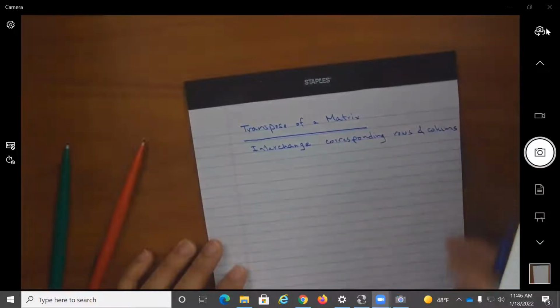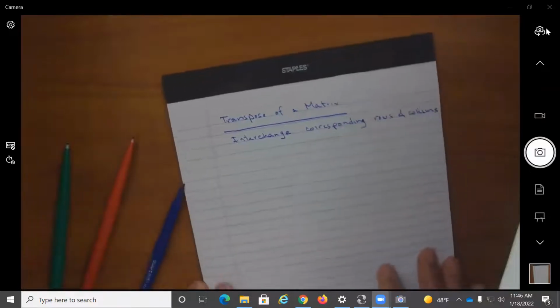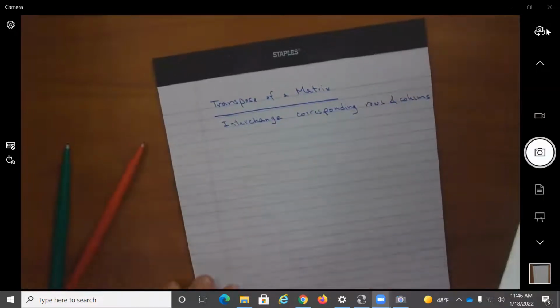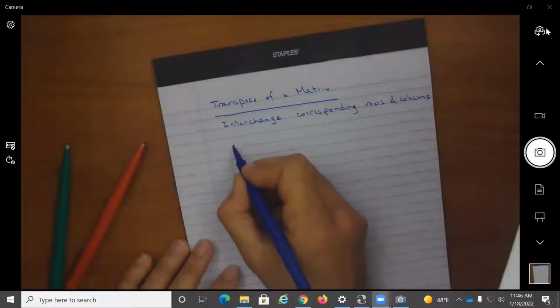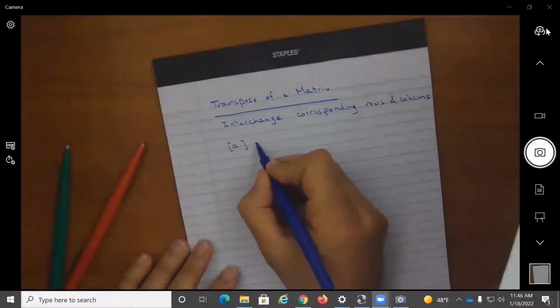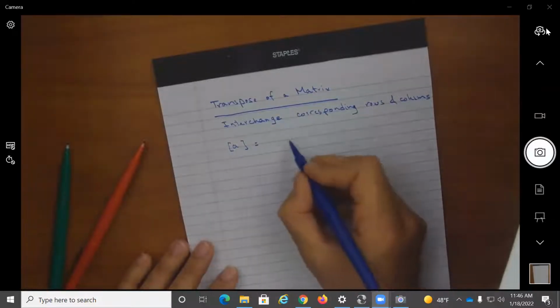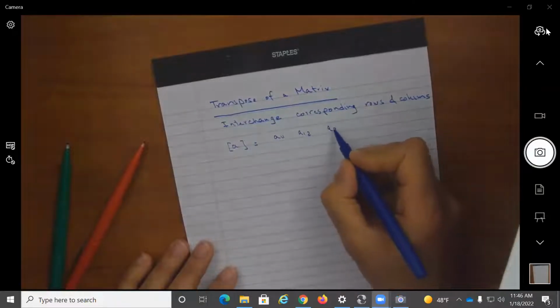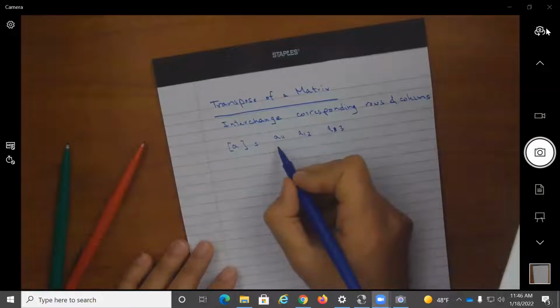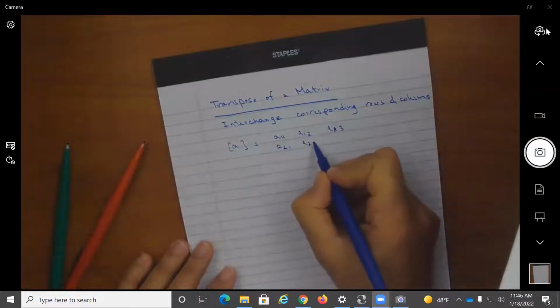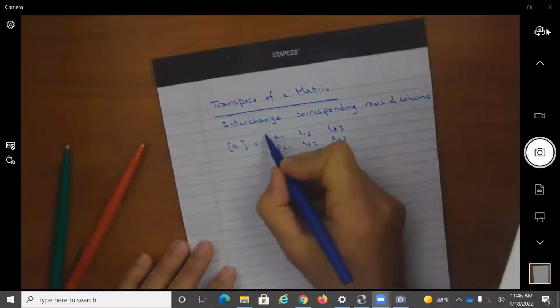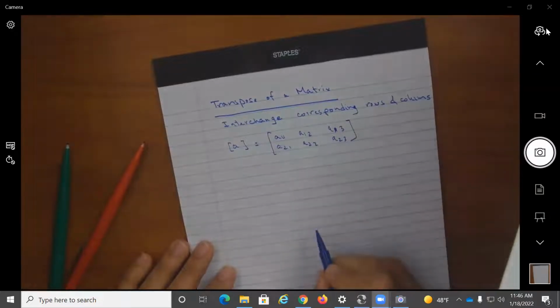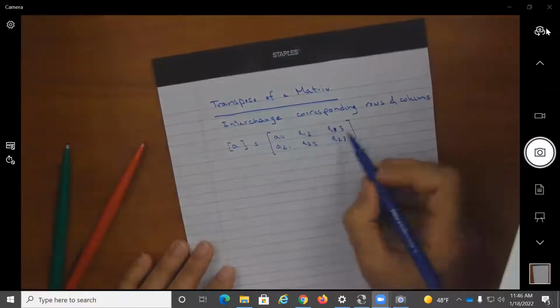So the rows become columns, and obviously the columns become rows. So if I have a matrix A, that is A11, A12, A13, and A21, A22, A23. So this is a 2 by 3.